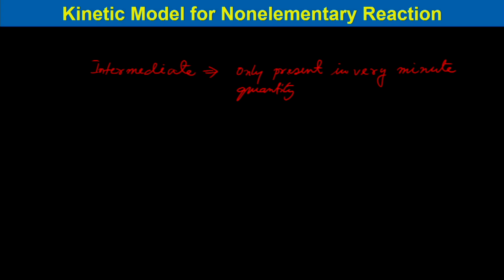That is why it is very difficult to observe in the reaction system, and we only observe the initial reactants and final products.